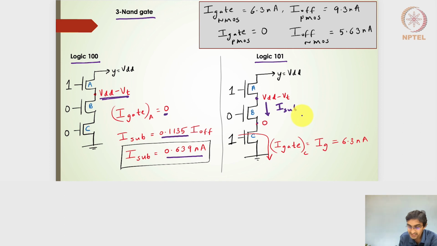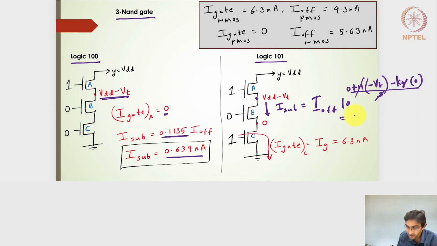And then the subthreshold leakage current will be nothing but the I off into 10 raised to VGS, in this particular case it is 0, plus eta times VDS, it is nothing but VDS minus VD, so I'll have minus VT, and then minus of K gamma, and then VSB is nothing but 0, divided by the slope S. So S is 0.1 and eta is 0.1, so I can cancel that.